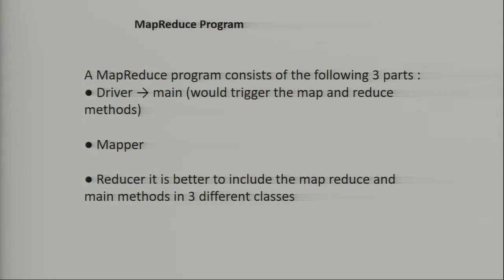When I say mapper, you need to think about the data to be taken as input, what design pattern you want to work with, and how you want to establish it so that it can be operated on and sent as input to the reducer. This is what you have to understand initially, along with the driver, the main. Of course, the mapper and the reducer are the main things to focus on.